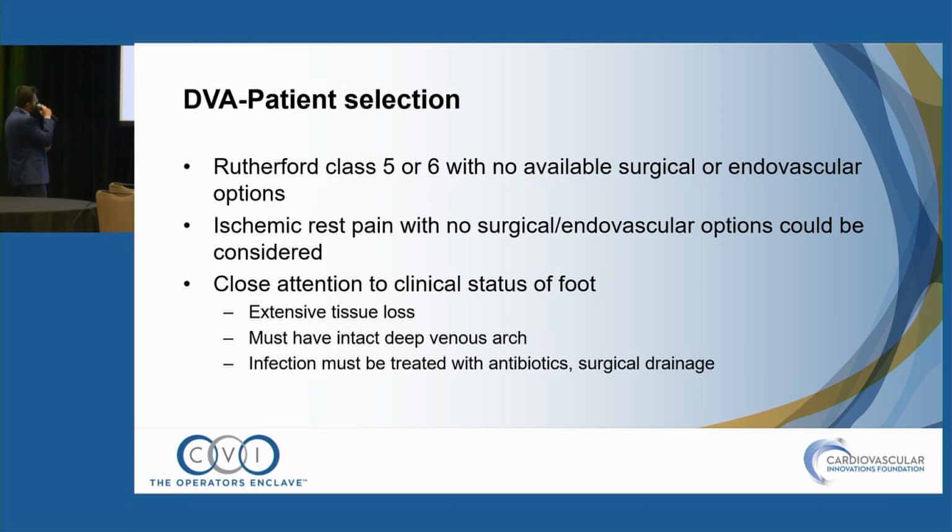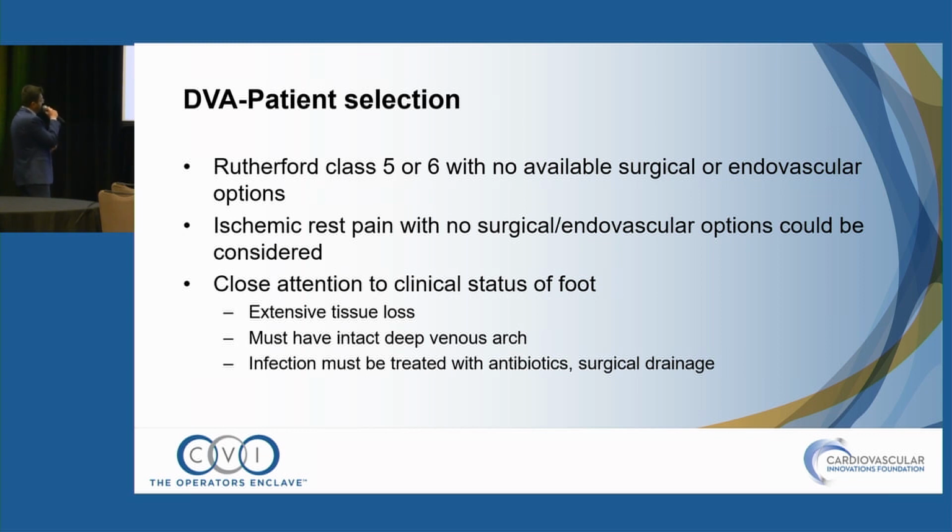Just a few pointers that we learned during the trial: Rutherford 5 or 6 with no surgical or endovascular options are the only patients that we should do this procedure on. Ischemic rest pain, on a case-by-case basis, sometimes we consider if there are literally no other options. The things we should be careful about before and after the procedure are extensive tissue loss.